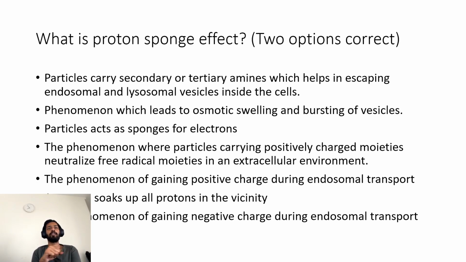Or is it the phenomenon of gaining positive charge during endosomal transport, or it's a sponge that soaks up all protons in the vicinity, or the phenomenon of gaining negative charge during endosomal transport?